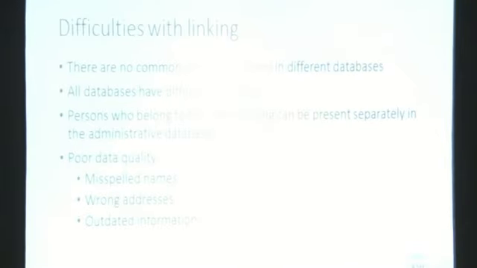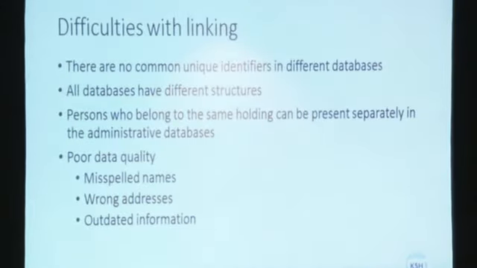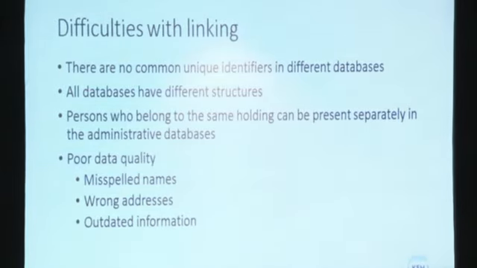So we have quite a lot of difficulties with linking. One of the most difficult things is that there is no common unique identifier in the different databases. We have an identifier for statistical purposes. There is another identifier for the purposes of subsidies. And another difficulty is that all databases have different structures.